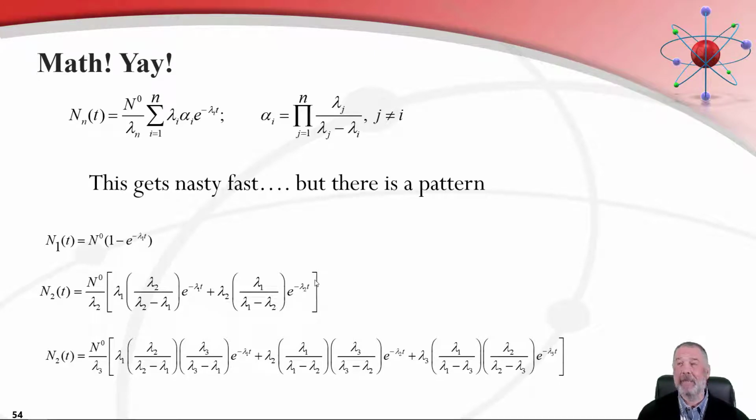This is from something called the Bateman equation. And you can take that equation and manipulate it, and you can find out as a function of time, for multiple isotope creation like we saw with plutonium, how much of each one of those parts you are going to have.